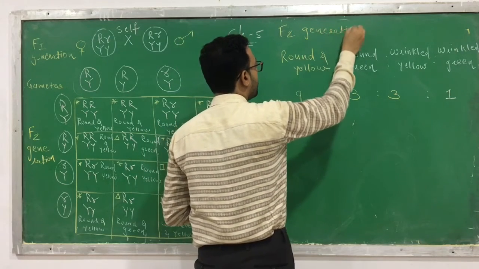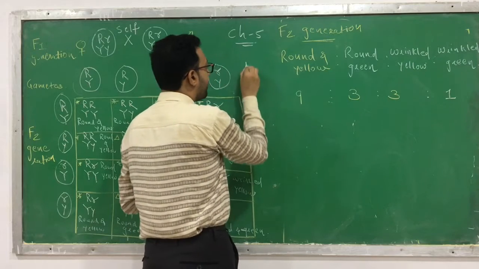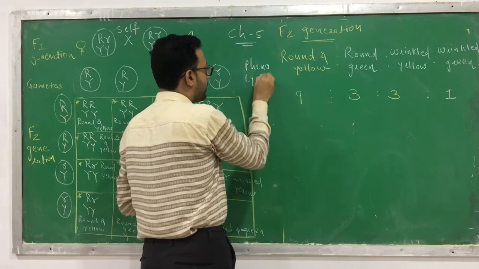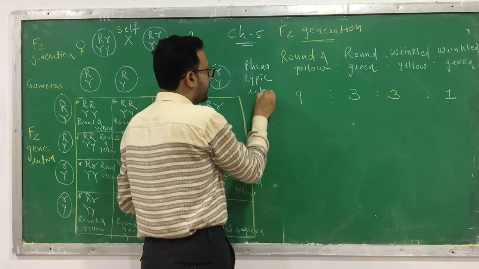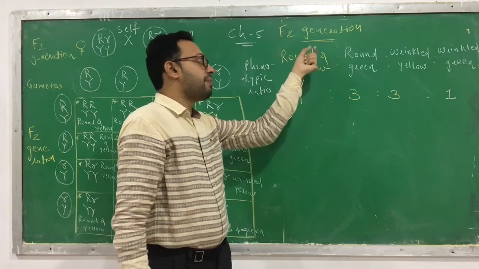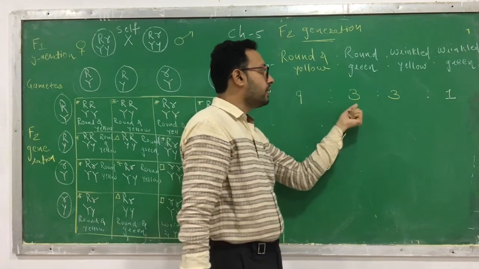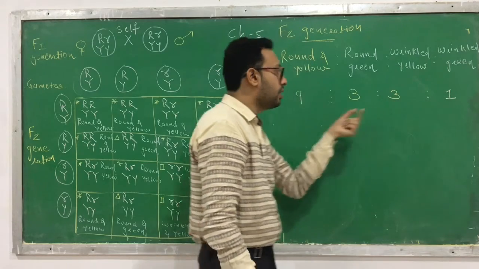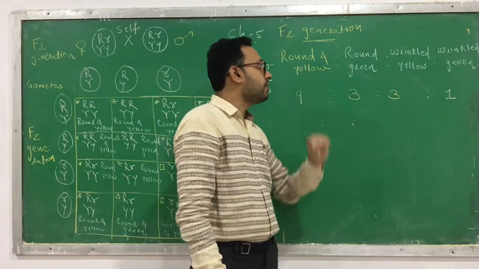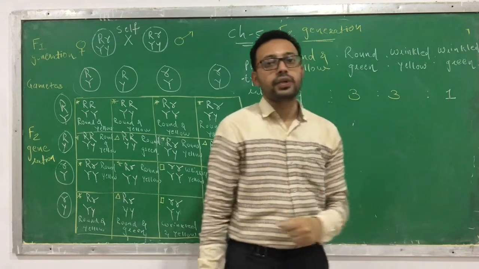In which generation? F2 generation. Which kind of ratio is it? It is a phenotypic ratio. So in a dihybrid experiment, the phenotypic ratio in the F2 generation is 9:3:3:1. 9 are the round and yellow, 3 are the round and green, 3 are the wrinkled and yellow, the 1 is wrinkled and green.